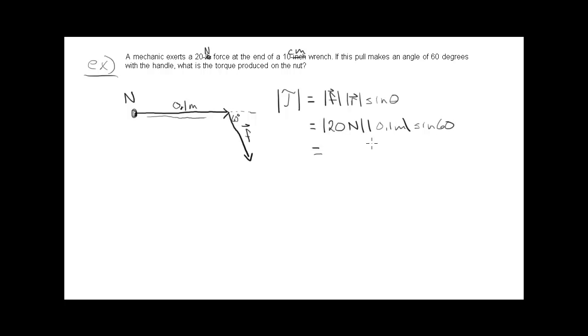So that's 20 times 0.1, so it's 2, times the sine of 60, which is root 3 over 2. Oh, I forgot the units, but I'll write it at the end. So the 2's cancel away. It's just root 3 Newton meters. Okay, so that's the magnitude of the torque.